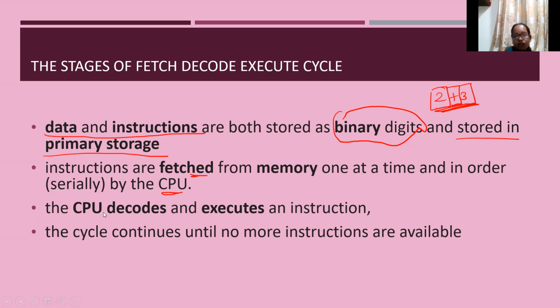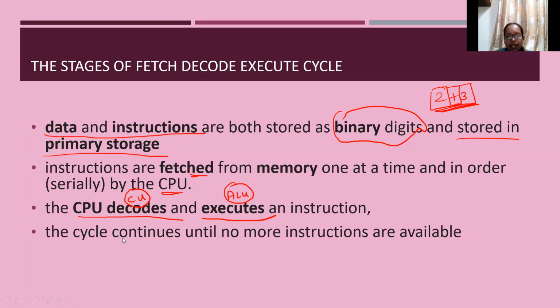Then after fetching the data, the CPU will decode the data and also execute it. The decoding happens inside the control unit of the CPU and the execution happens inside the ALU of the CPU.